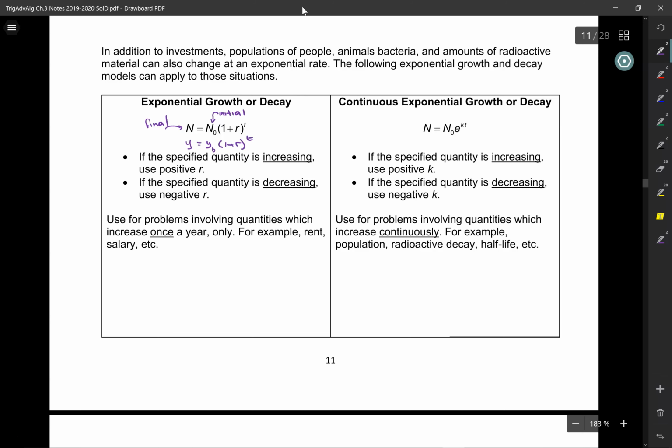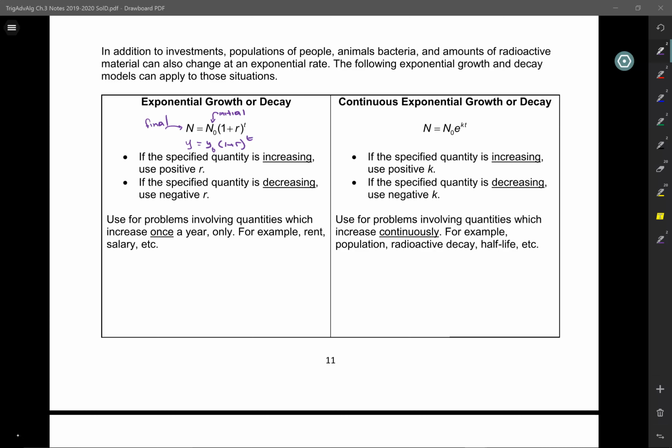Now, if what you're talking about is increasing annually, monthly, whatever, like for example, rent prices, if it increases by 5% a year, you use this one.